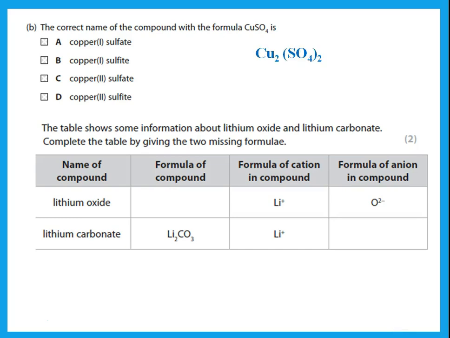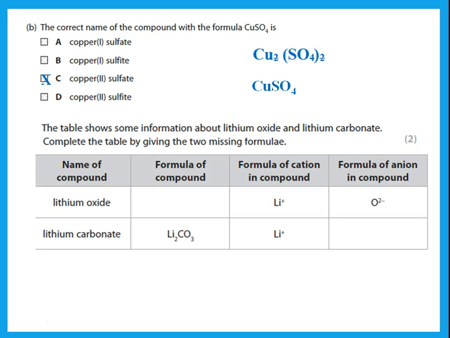That must mean that the copper has a valency of 2, the sulfate has a valency of 2, but when you have 2 here and 2 here, they cancel each other, and that is why you end up with nothing written under each of the components. No 2 under the copper, no 2 under the sulfate, because they canceled each other. So your answer must be copper 2 sulfate.